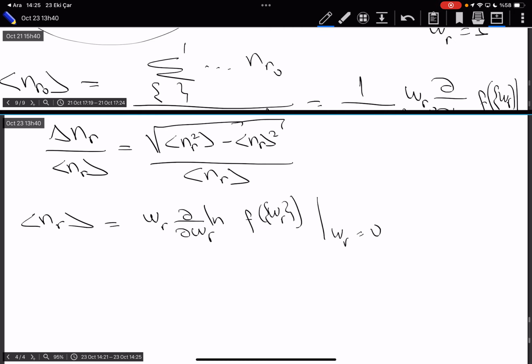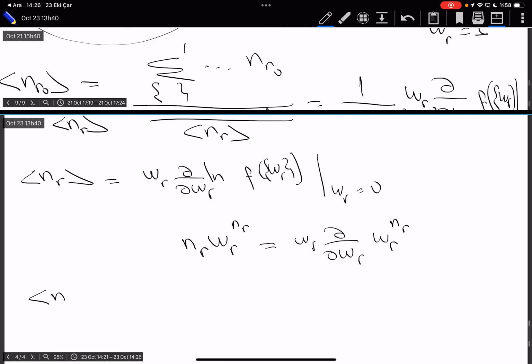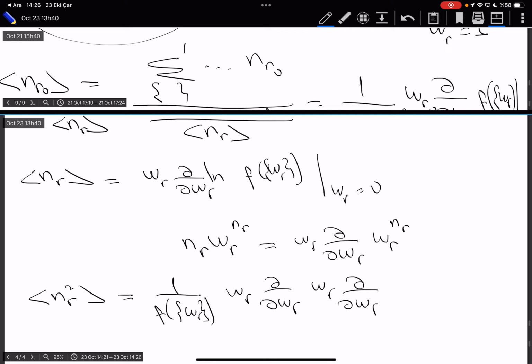Now we could do this because we introduced these numbers omega r to the power nr. Well, nr times omega r to the nr is nothing but omega r times the derivative with respect to omega r of omega r to the power nr. Well, I can do this twice. This will be equal to 1 over f of omega r, whatever that function is, times omega r times the derivative with respect to omega r, twice, of f of omega r.